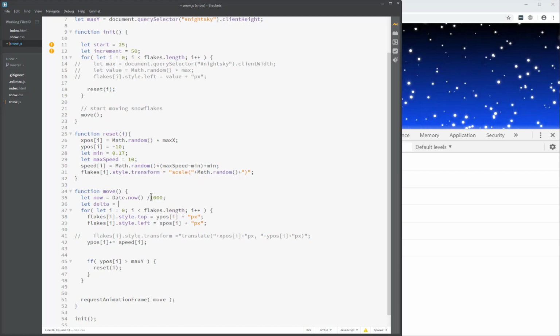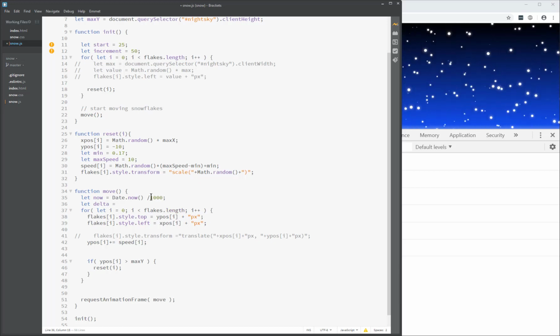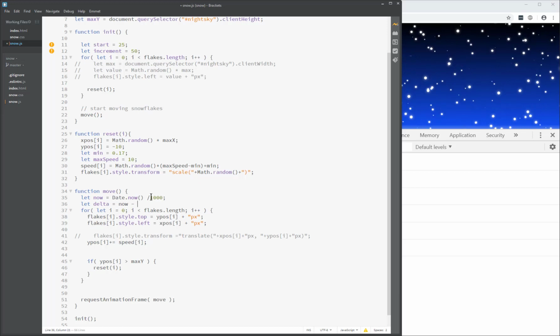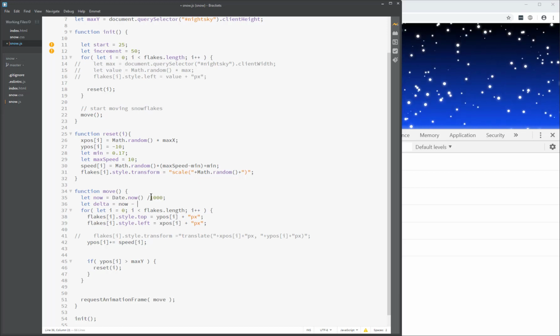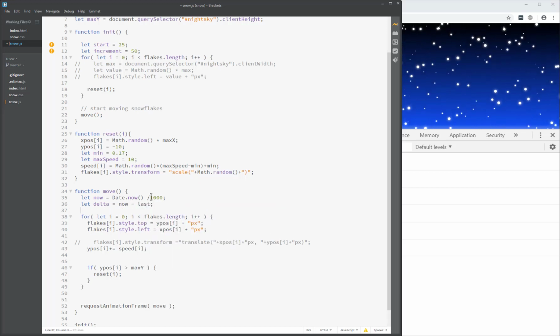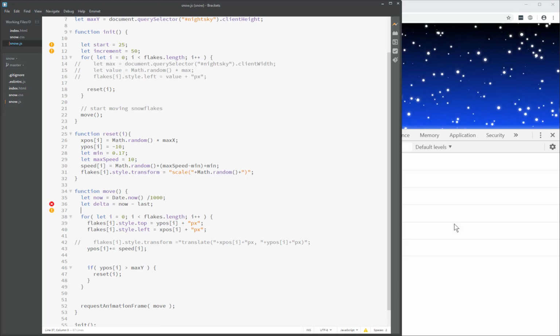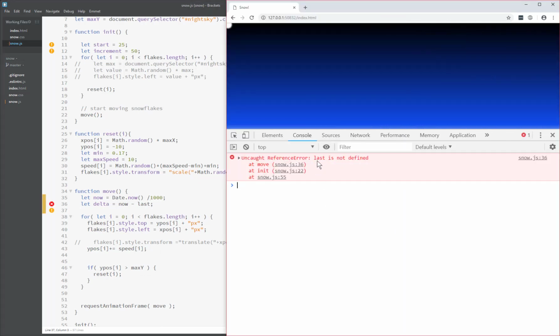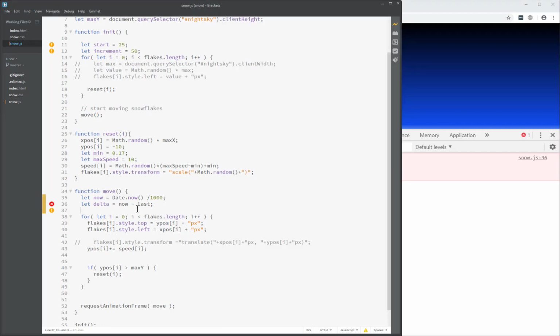That would be the same as now minus last time we asked. The problem is, if I run this, there is no last time. So how do I handle that? Oh yeah, I need to remember the last time.